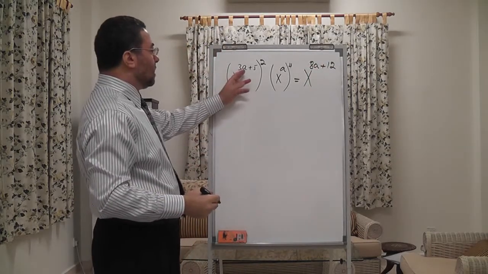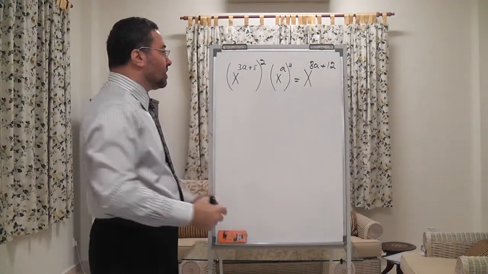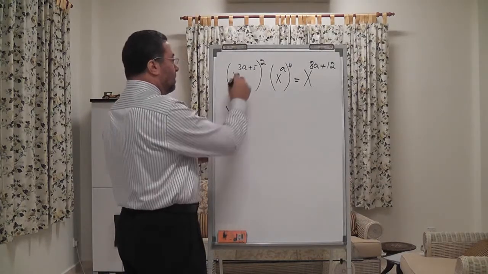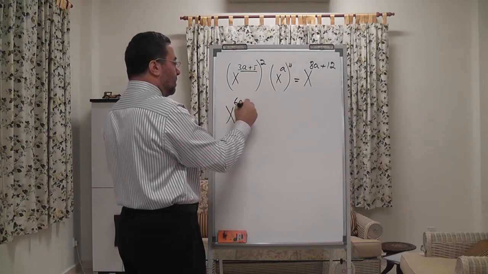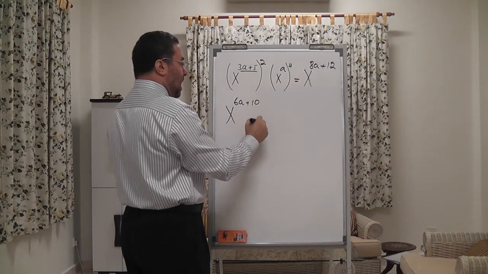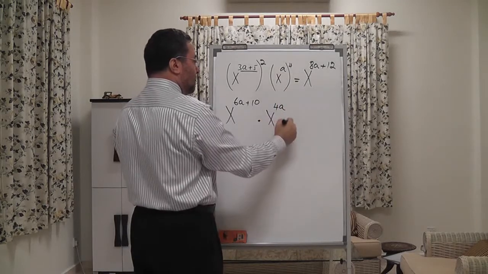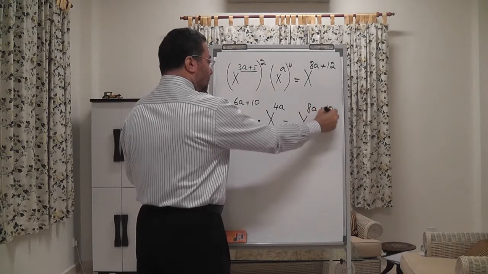Again, we need to get the value of a, and it's going to be the same as the previous exercise. So we do this first. Power to power, we multiply this number times 2, and that will be 6a plus 10, times x raised to 4a, a times 4, and that's equal to x to the 8a plus 12.